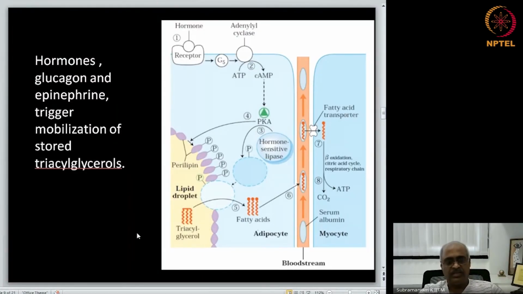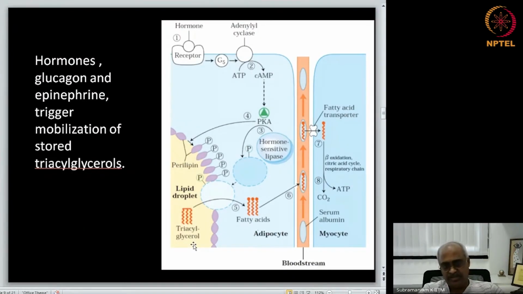So essentially it is triacylglycerol with 1 layer of phospholipid. Therefore, the surface is hydrophilic. And in addition to that, it has this protein perilipin, a very important protein, which is present on the surface of the lipid droplets. So this is how the lipid is stored in adipose tissue, adipocytes. In the adipocyte cytoplasm, the triacylglycerols all aggregate and form a droplet, and on the surface you have a phospholipid.